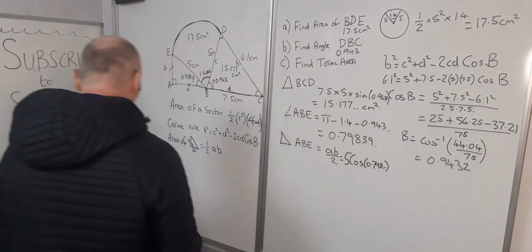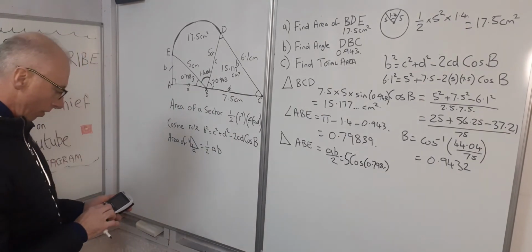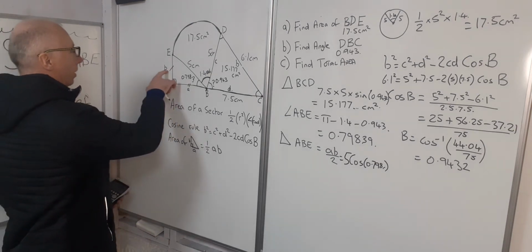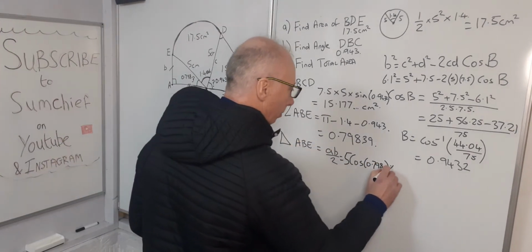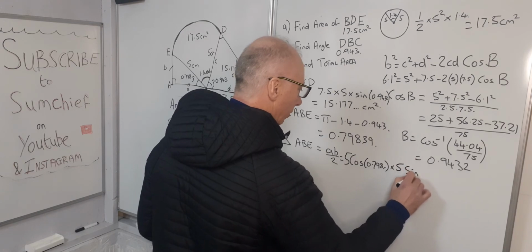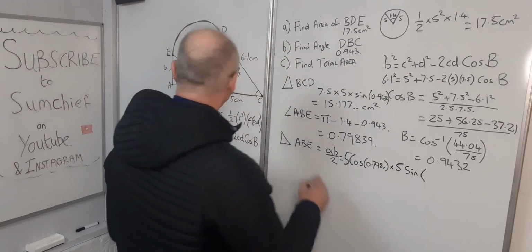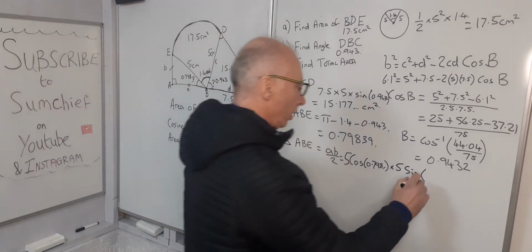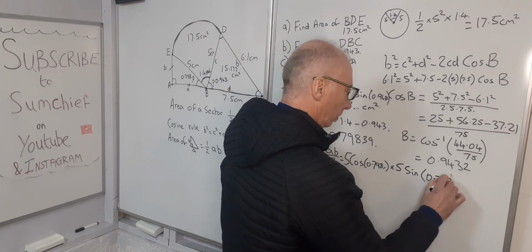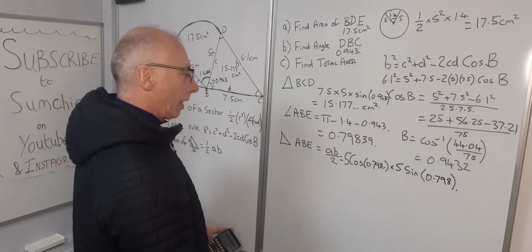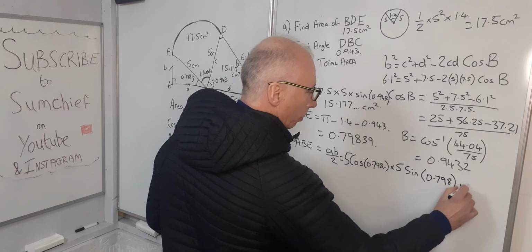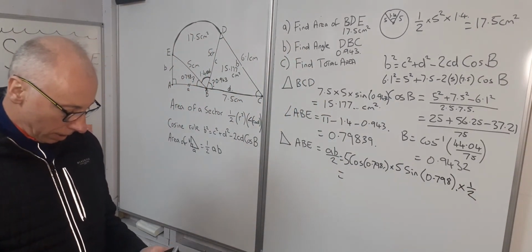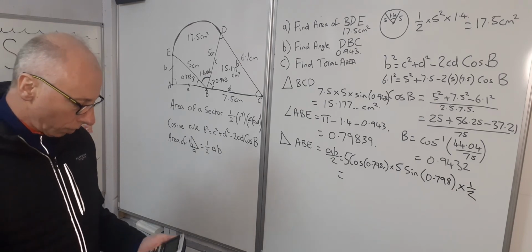Then for the other side, side b, we multiply 5 by sine 0.798, again because that's our angle, using SOHCAHTOA, which is the opposite. And then divide all that by 2, or just multiply by a half, which is the equivalent. Plug that into our calculator, and we get 6.247.